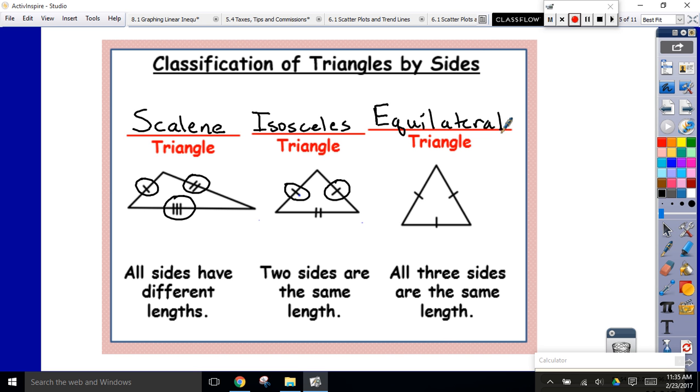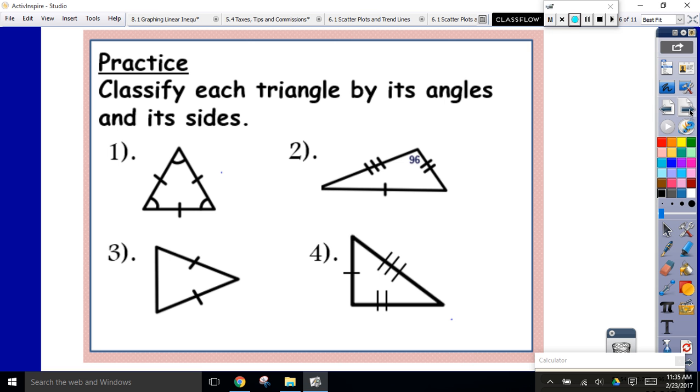Okay, any questions about this? Okay, we're going to go on and do the next. It's a practice, but we're going to do it together. So when we name a triangle, we have to name it using both classifications. So we have to say what it is according to its angle measures and also what it is according to its sides. Anna, if I were going to classify this triangle with angle measures, what kind of triangle would it be?